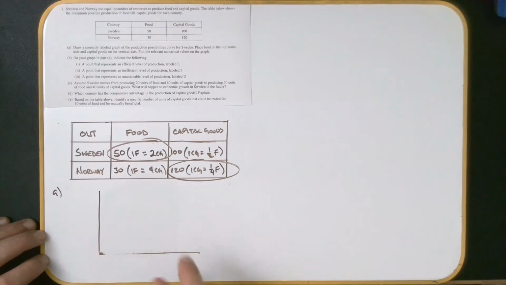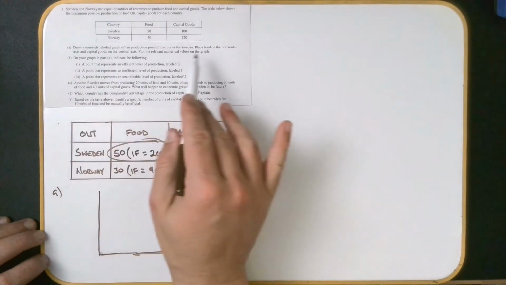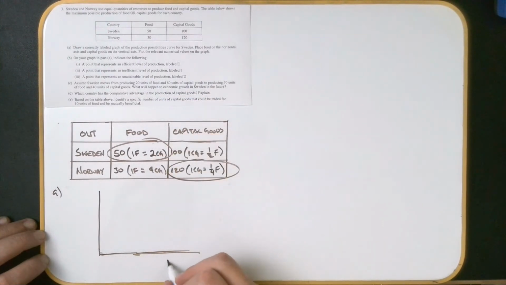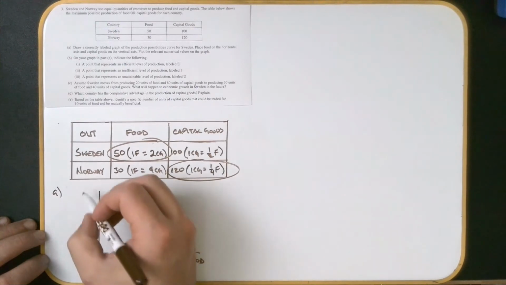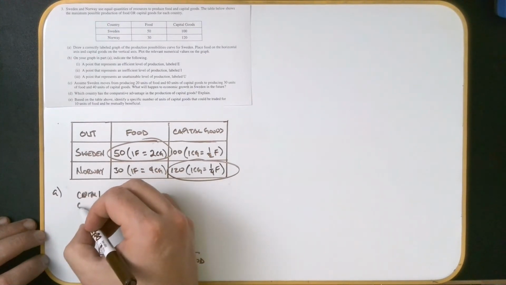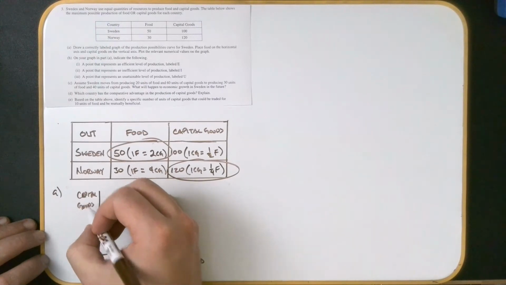It says in the problem that food is on the horizontal, so we'll put that one here. I'll put this way over here. This is food, which is going to make this capital goods.